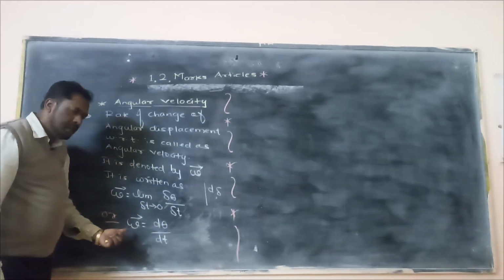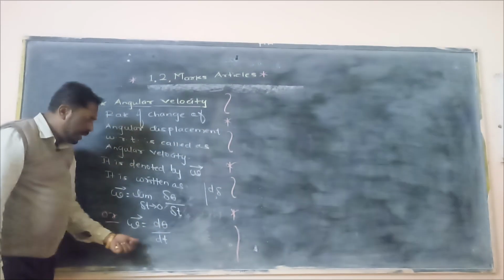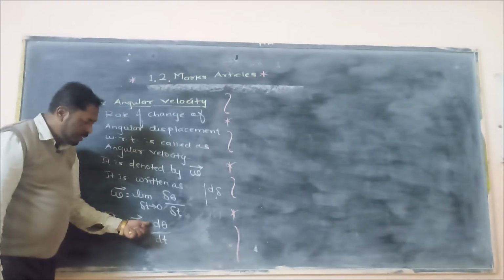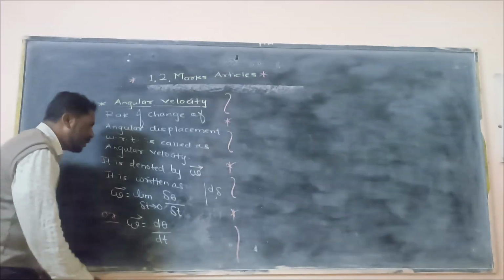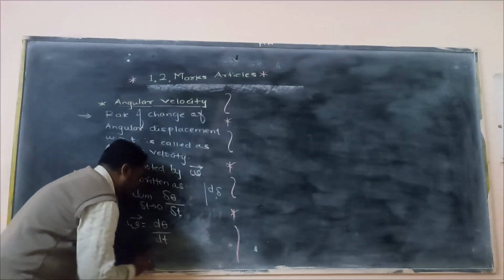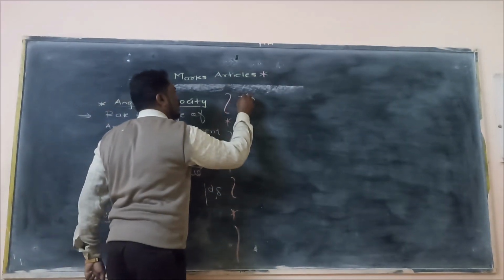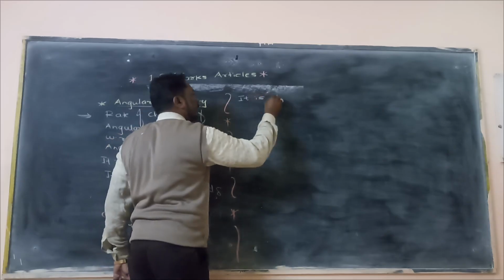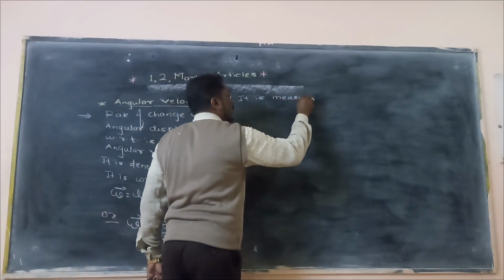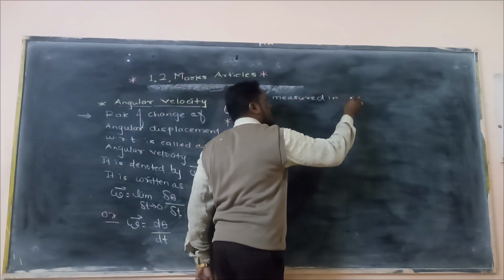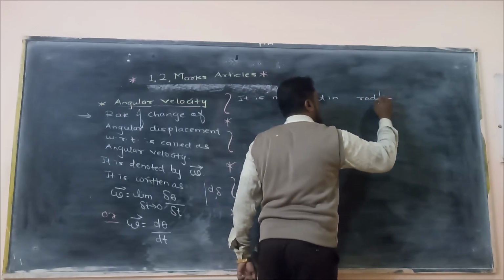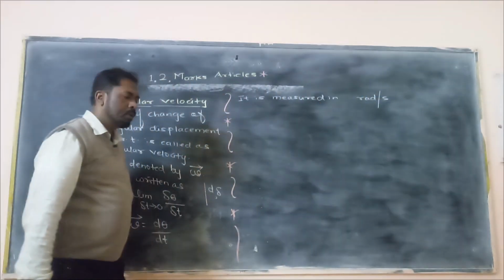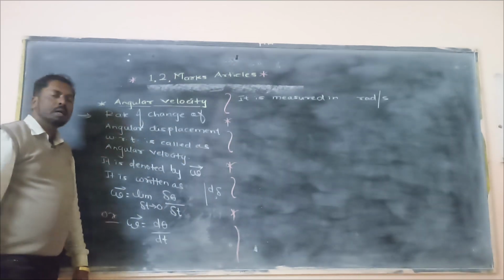That's why it is said that angular velocity is nothing but the ratio of change in angular displacement with respect to time. It is measured in radian per second.